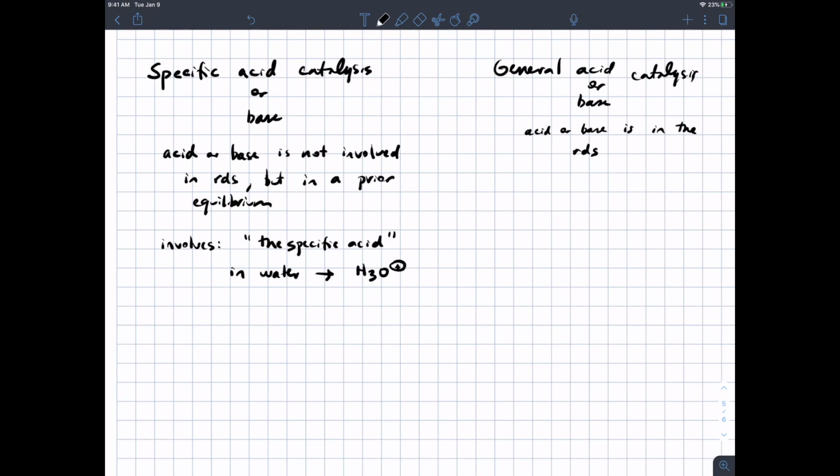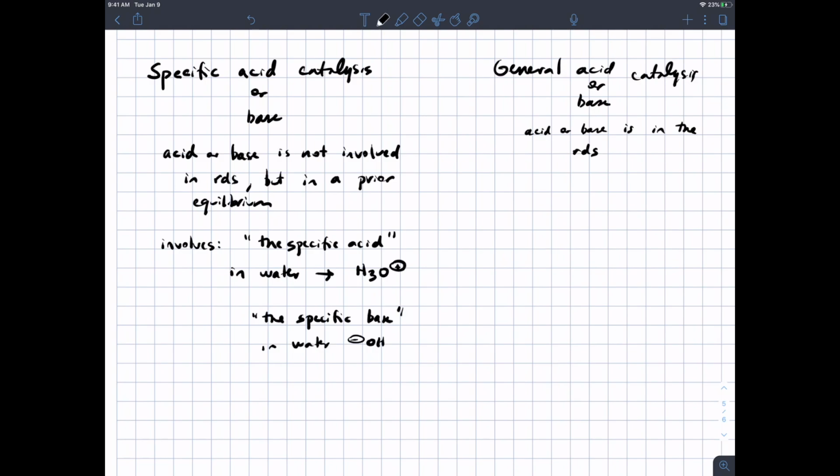It seems a little bit counterintuitive because there's lots of hydronium in water, but if you memorize that we're calling hydronium the specific acid in water, then this gets a little bit easier. Alternatively, the specific base in water is hydroxide.